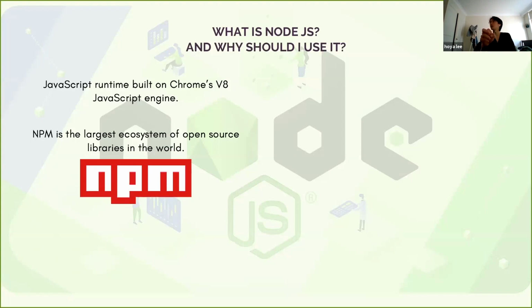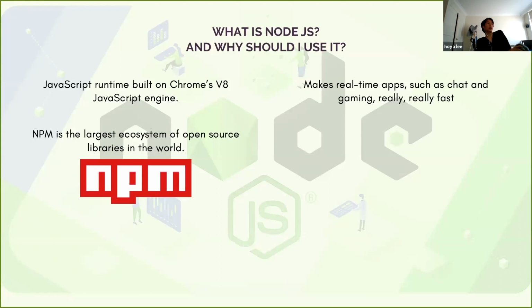Let's say you want to do something very complicated that requires a huge amount of code, but that is already on the web. You can just download it, import it wherever you need it, and use that code by calling it.